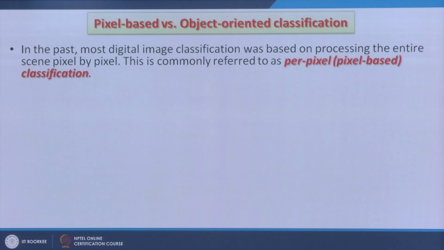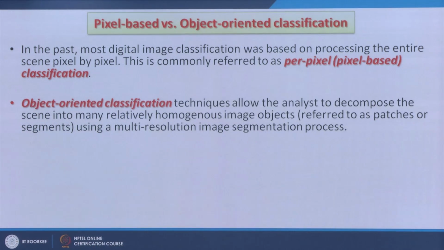Instead, we may now think about identifying the objects and then going for classification. Object oriented classification techniques allow the analyst to decompose the scene into many relatively homogeneous image objects, referred to as patches or segments, using a multi-resolution image segmentation process.